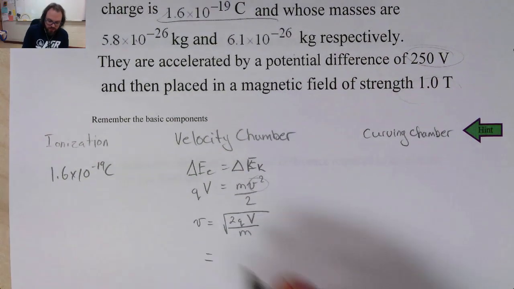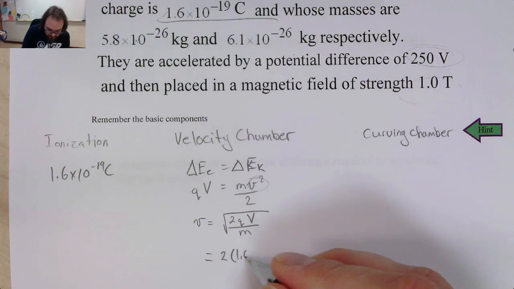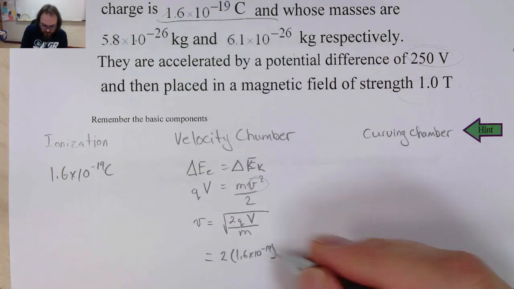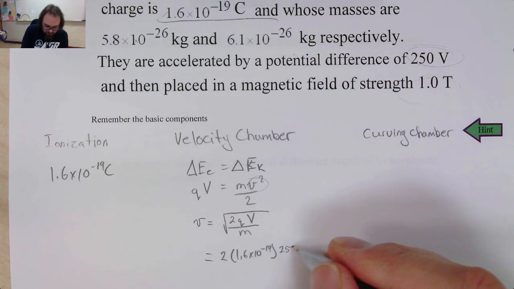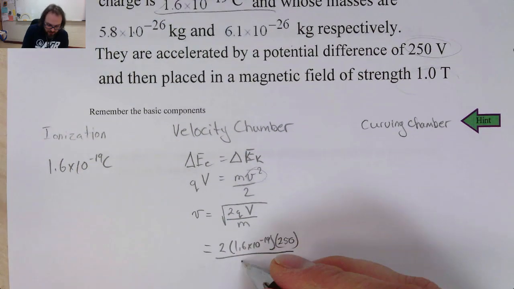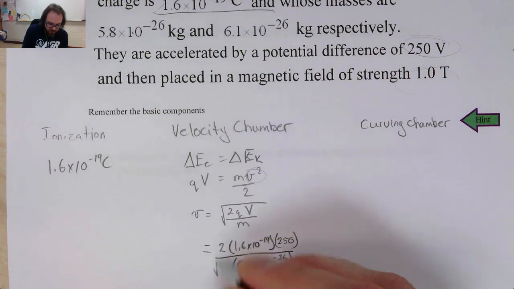Okay? I'm going to continue that here. And we end up getting 2 multiplied by 1.6 times 10 to the negative 19, multiplied by 250 volts, and we're going to divide that by my mass, which is 5.8 times 10 to the negative 26, and all of this is square root.